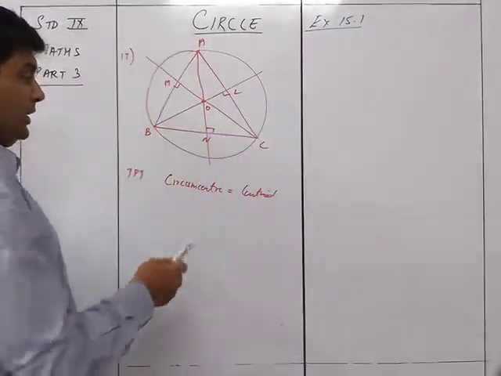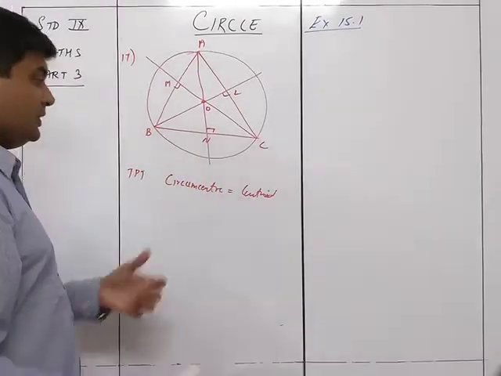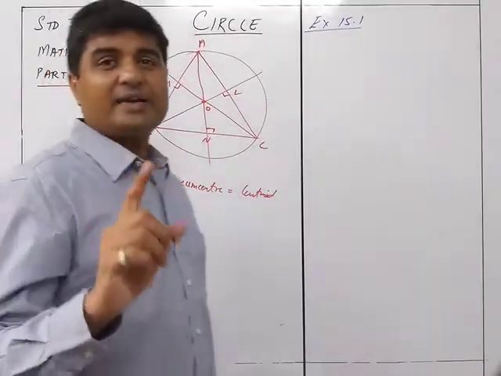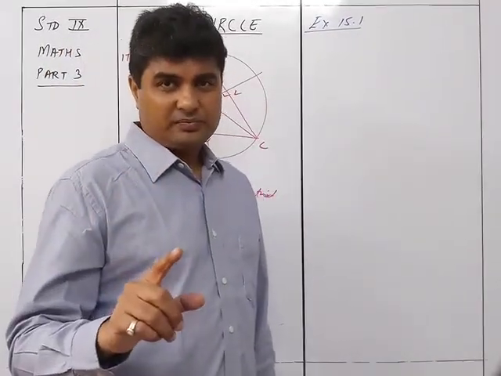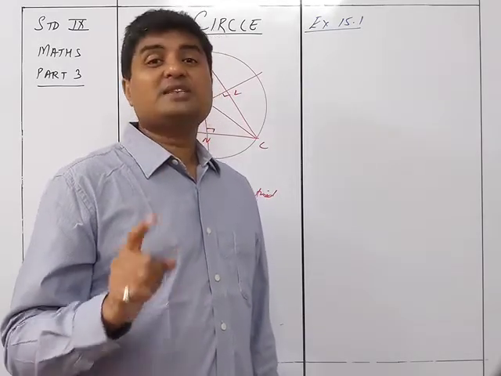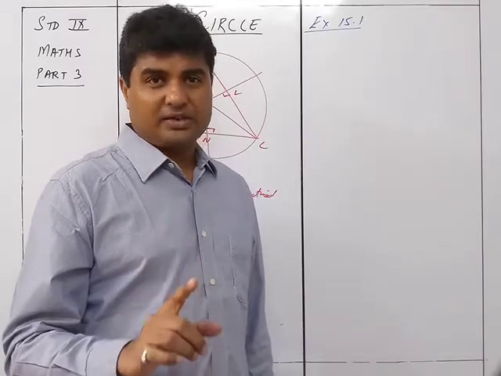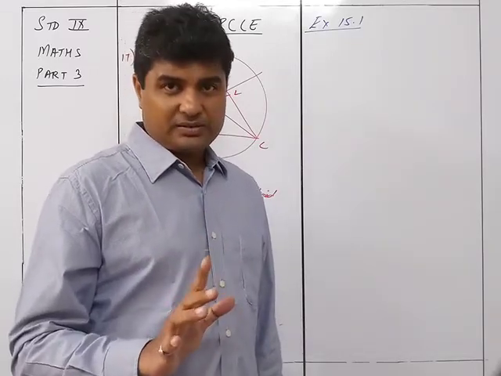Sorry, circumcenter. Centroid is the intersection point of the medians. Circumcenter is the intersection point of all the perpendicular bisectors of the sides.